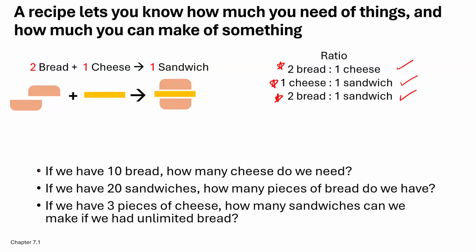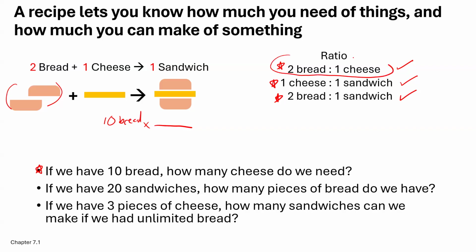So let's do a question. If we have 10 pieces of bread, how many pieces of cheese do we need? We want to make a bunch of sandwiches. So if we have 10 bread and we want to make sandwiches, what's the ratio of bread to cheese?